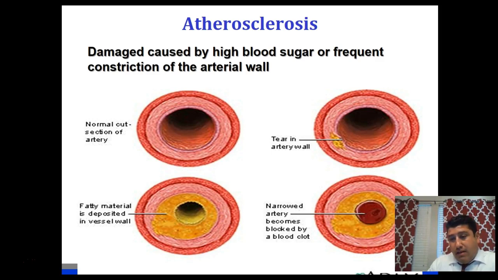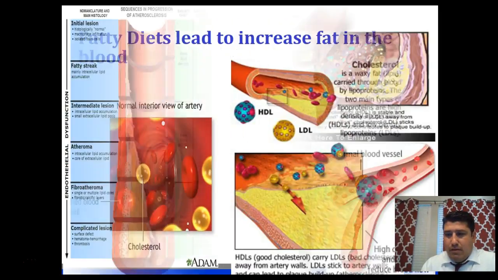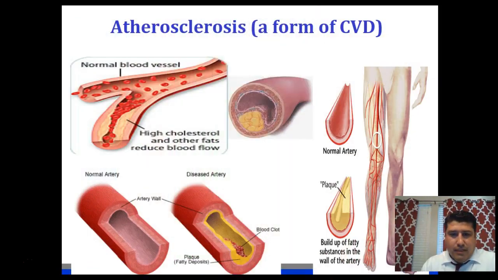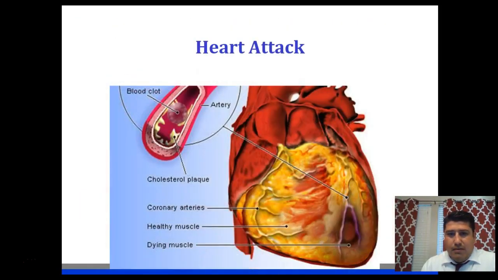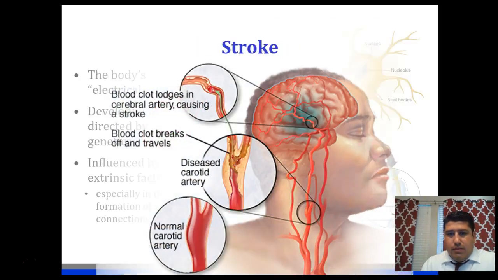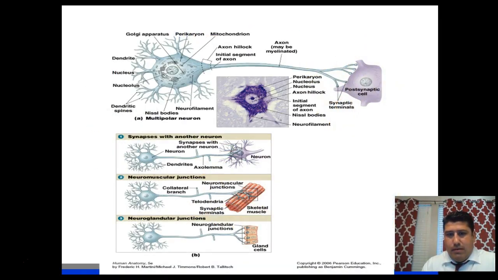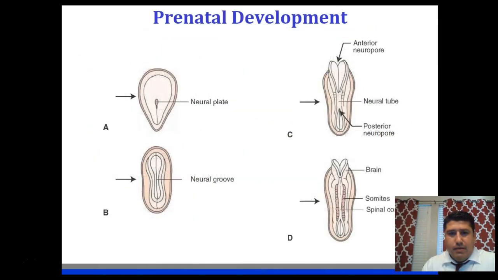If that part of the body doesn't receive oxygen, it eventually dies, and it has to be amputated. So this is a serious condition. If this happens in the heart, it leads to a heart attack. If it happens in the blood supply that leads to the brain, it develops a stroke. So yeah, it's a serious condition.